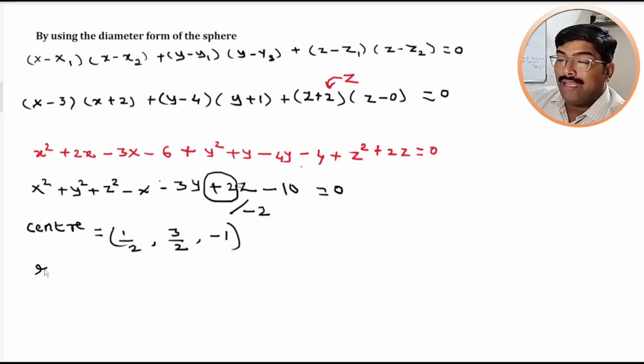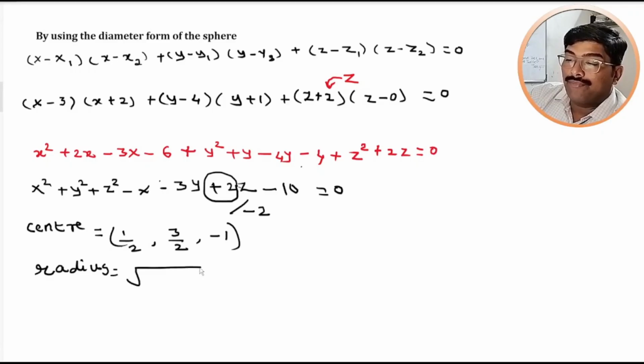Therefore, the radius we can write as radius is equal to square root of, now I will write directly. So here the value of u is 1 by 2.